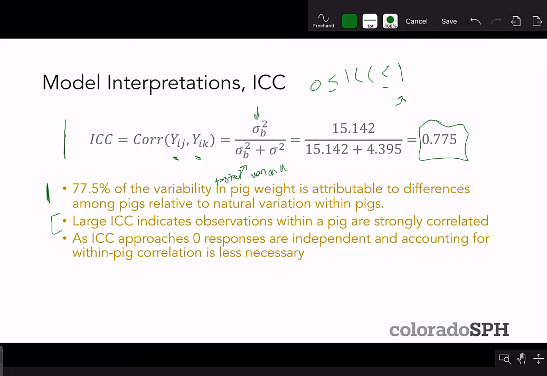So a large ICC indicates observations within a pig are strongly correlated. However, as ICC approaches 0, responses are independent, even within the same subject. So accounting for within-subject correlation is not as necessary when you have a really small ICC. When sigma squared is much bigger than sigma squared b, we might not really need that random effect.